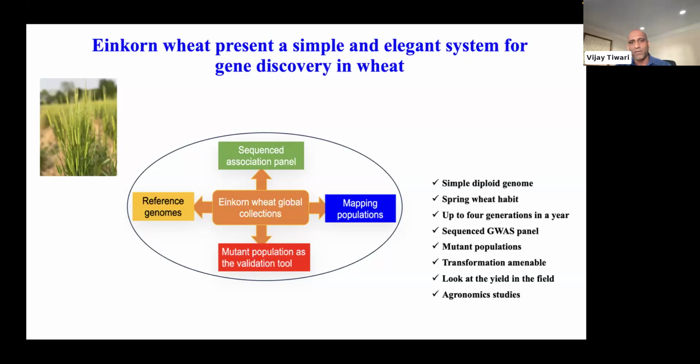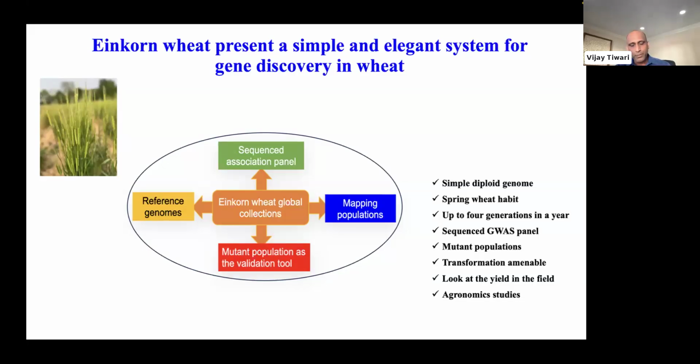And in our group, I think we have everything that a geneticist can think of to establish a gene discovery pipeline. We have a very large einkorn collection. We have reference genomes, mutant populations, and we have developed many mapping populations and a sequence association panel.